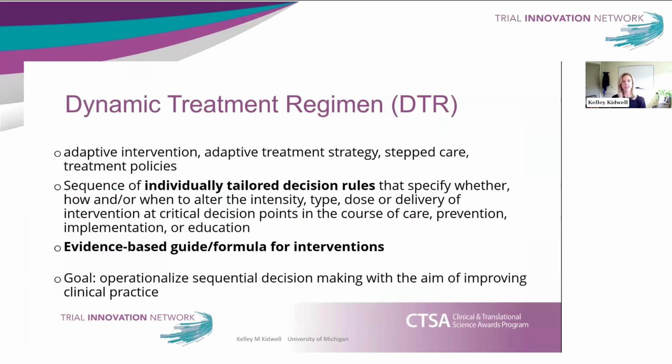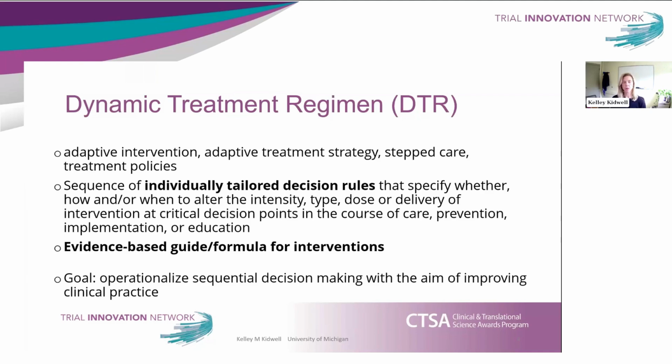They're just this sequence of individually tailored decision rules that specify whether, how, and or when to alter the intensity, type, dose, or delivery of the intervention at these critical decision points over the course of care. We can also use these dynamic treatment regimens thinking about education interventions or implementation science. How do we get evidence-based practices into clinics or different places?